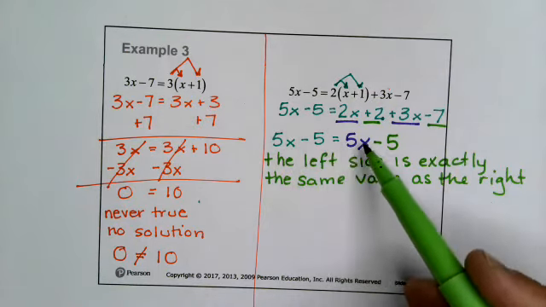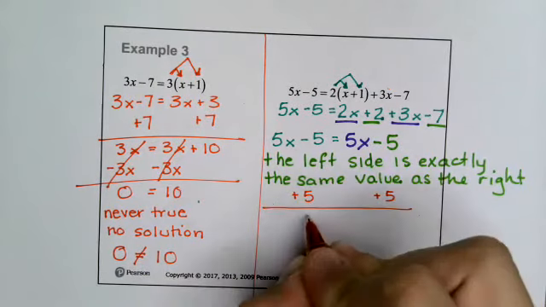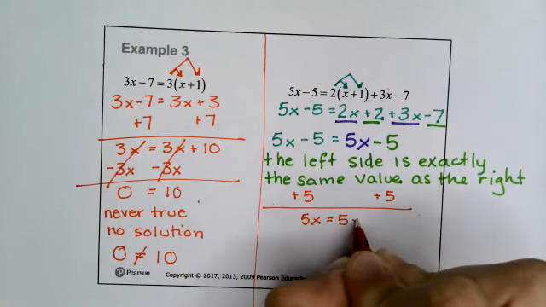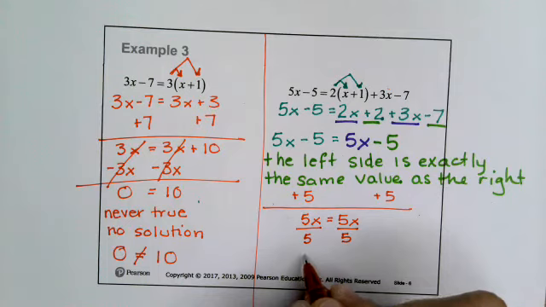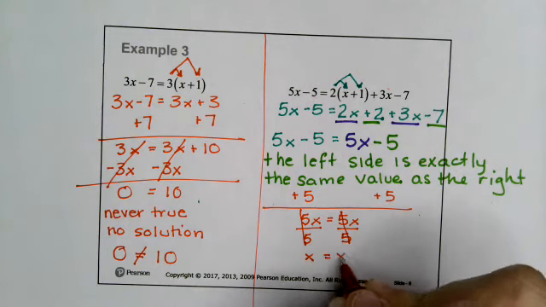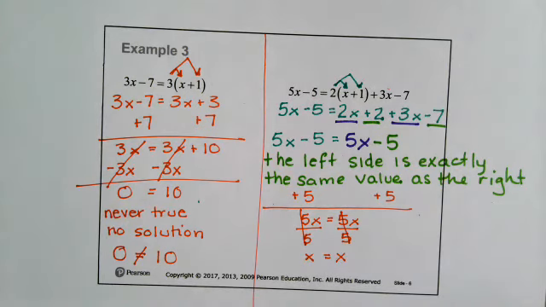Or I could keep going. I could add 5 to both sides. And I would just have 5x equals 5x. I could divide both sides by 5. Right? X will always equal x. Okay?